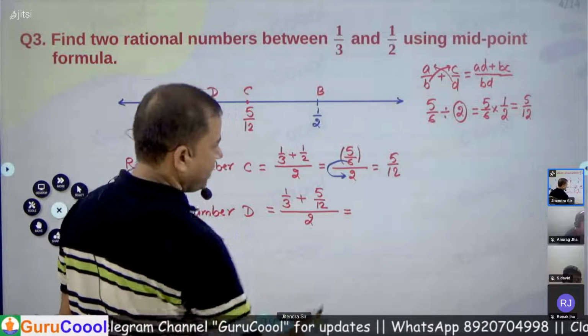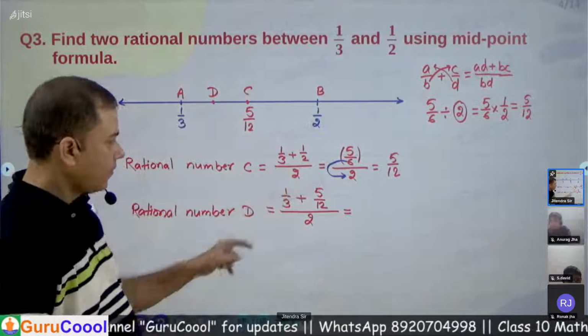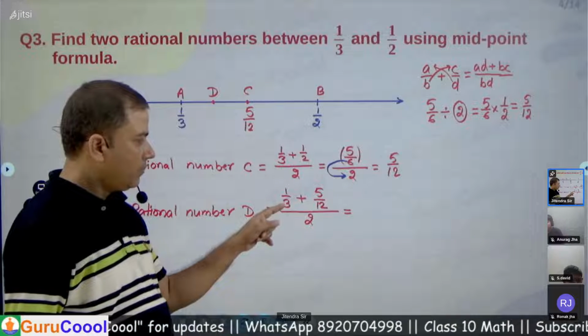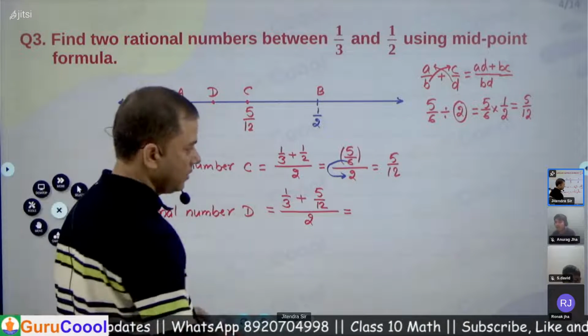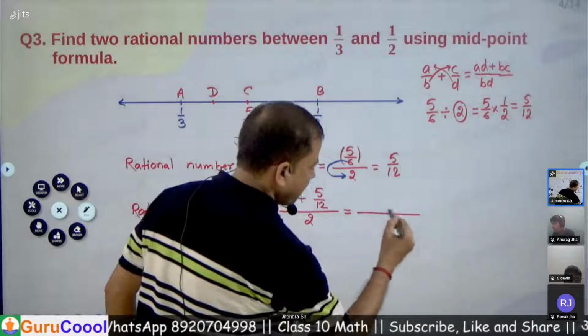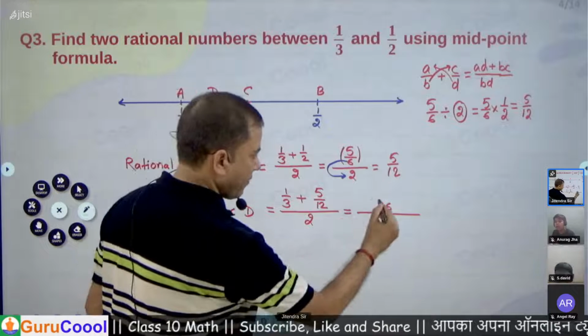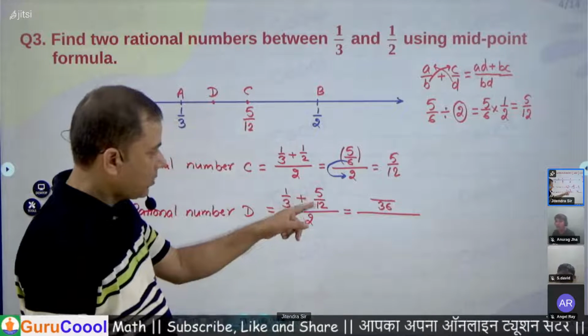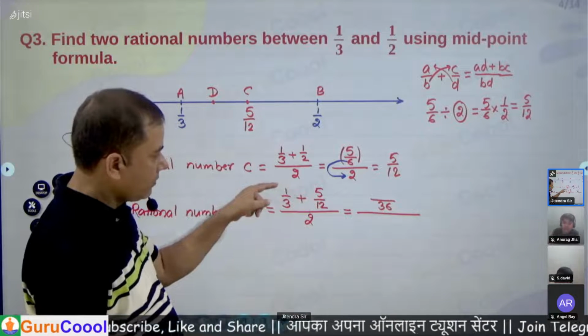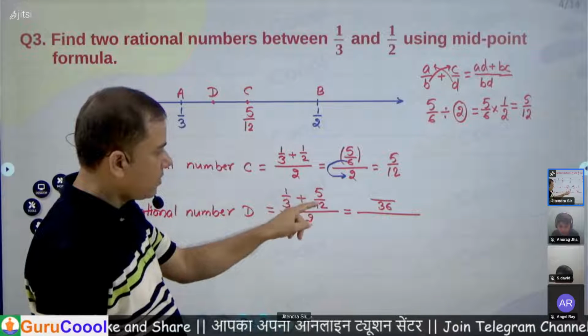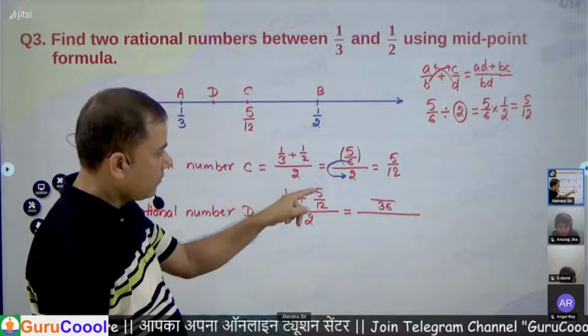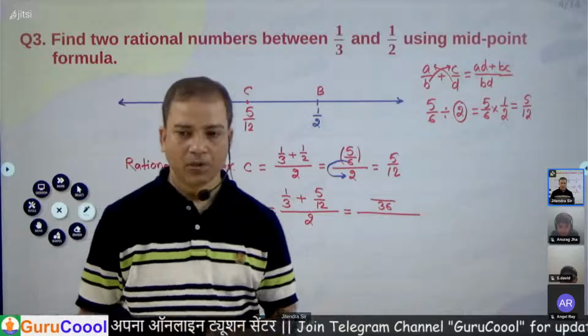Now do the same thing that we did earlier. 12 3s are 36, so 36 in the denominator of the numerator, and cross multiply. 12 times 1 is 12, 3 times 5 is 15. So 12 plus 15, how much is it?